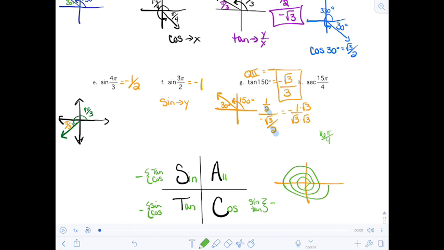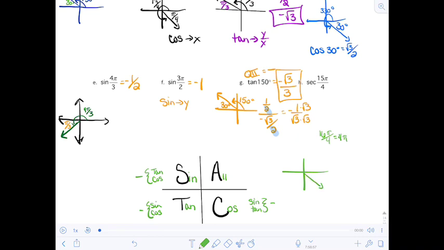So we want integers of pi, and the closest number that would give me an integer would be 16 pi. The other one would be 12 pi over 4, or 3 pi, and I'm definitely closer to 16. So 16 pi over 4 would be 4 pi. That's 2 full times around the circle. But 15 pi over 4 doesn't quite make it. So 15 pi over 4 would actually be in the 4th quadrant.